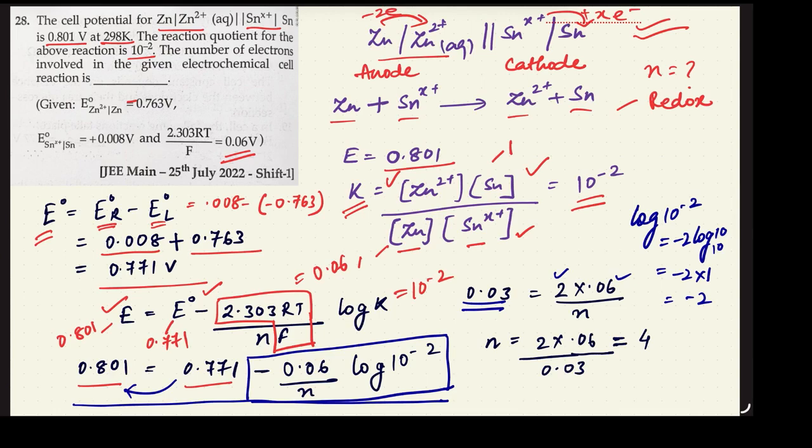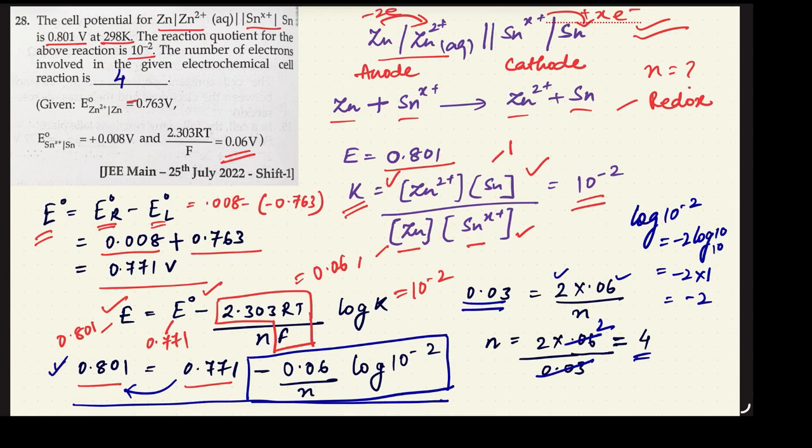So 0.03 is equal to 2 into 0.06 divided by n. Solving, n is equal to 2 into 0.06 divided by 0.03. 0.03 times 2 is 0.06, so this cancels out and the value of n is 2 into 2, 4. So in this redox reaction, the number of electrons involved is 4. Here the answer will be 4.